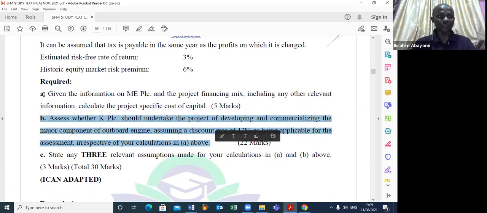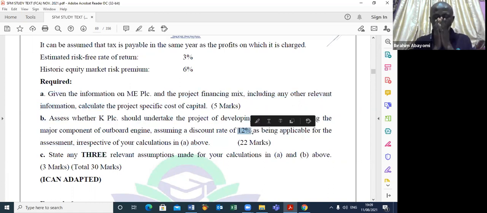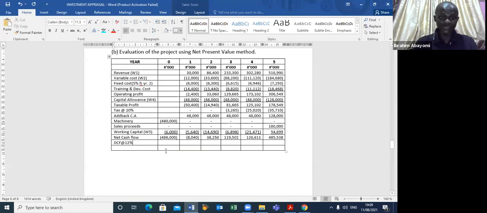That's why they say just assume a cost of capital of 12%, regardless of your solution in A. Do you understand? So that's why we are using the 12% given in the question.